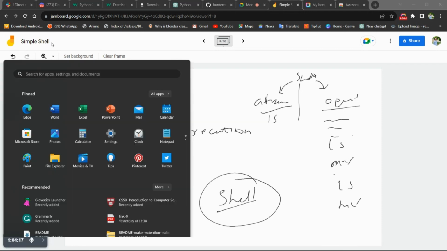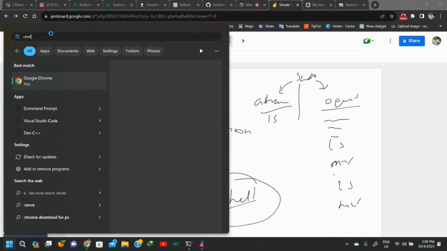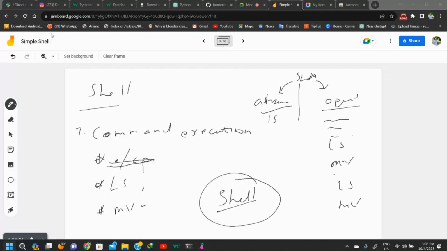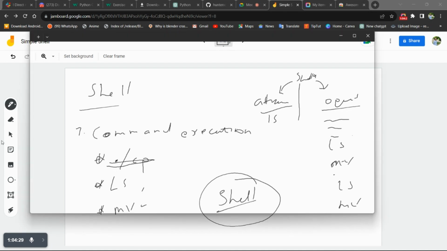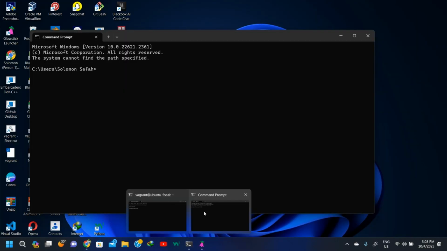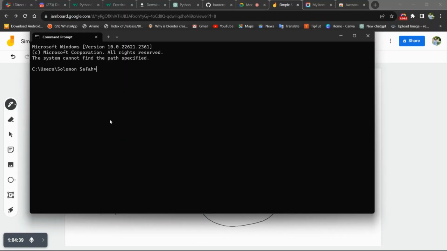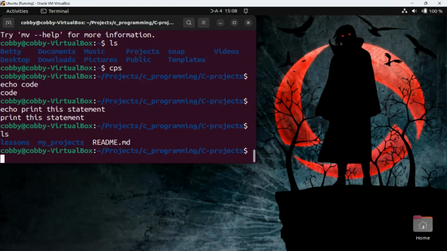You realize that it's the same shell that serves as a communicator between us and the operating system. When you enter a command like ls here, it says it's not recognizable as a command. But when we enter ls here, we get a result.